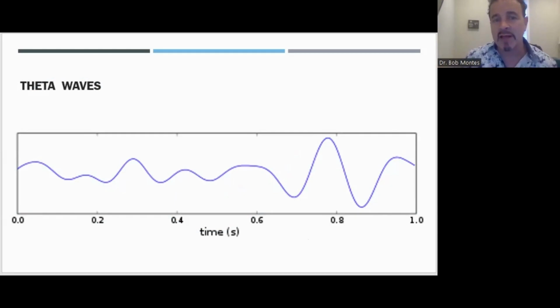A theta wave is going to oscillate somewhere between 4 to 7.5 hertz per second. Now, the oscillation rate is consistent with what you find in REM sleep, or in times when the person is kind of hovering in that sort of semi-conscious state, like right before you wake up in the morning, or right before you go to bed. And so the theta wave is powerful because it learns in an uncritical fashion.